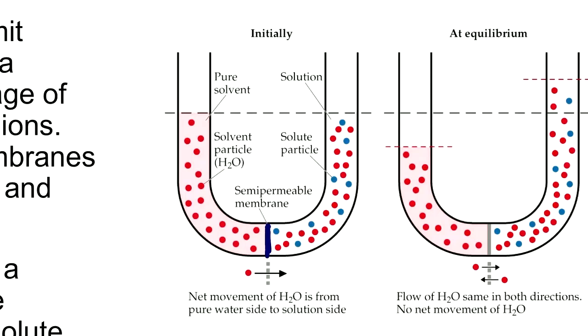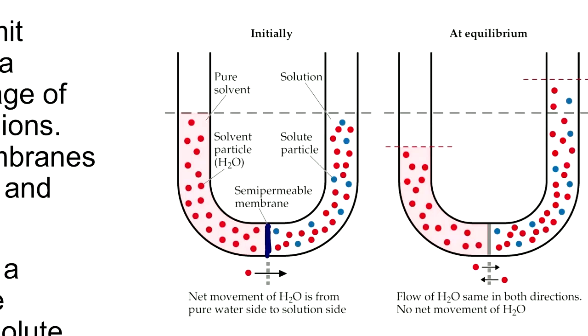Water can move, but the solute cannot move, only water can move. So what I have right here on one side is pure water, okay? And then on the other side, I have a salty solution because there's solute dissolved.